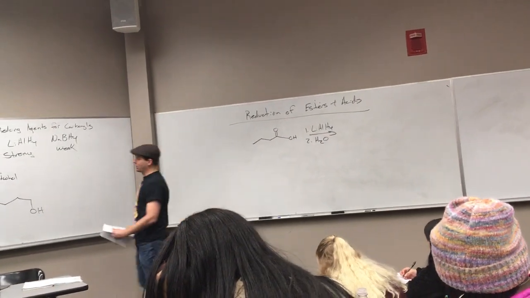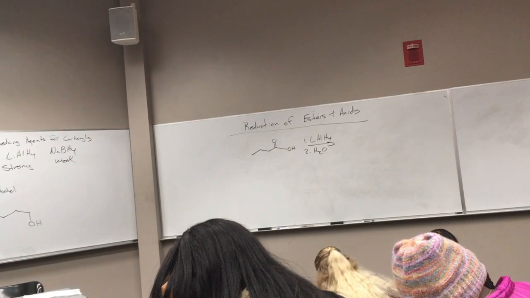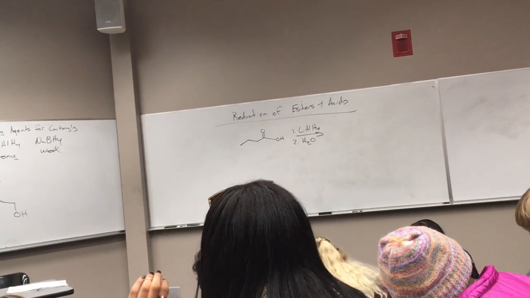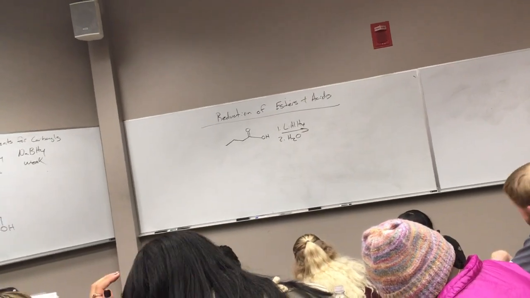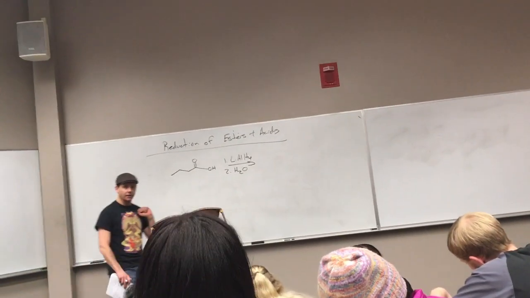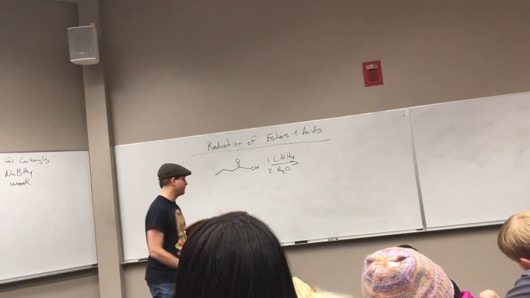What's the difference between the reduction of this acid and the reduction of my ketone and my aldehyde? Did I put both reagents there? Which reagent did I put? Only the strong one. Esters and acids cannot be reduced by sodium borohydride. They can only be reduced by lithium aluminum hydride. Okay?